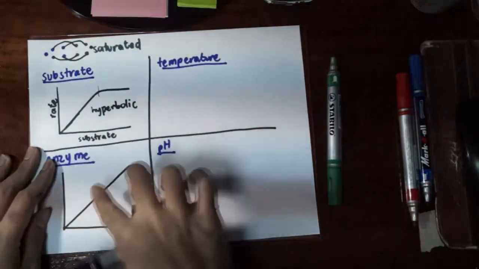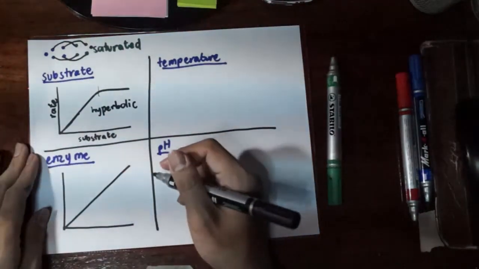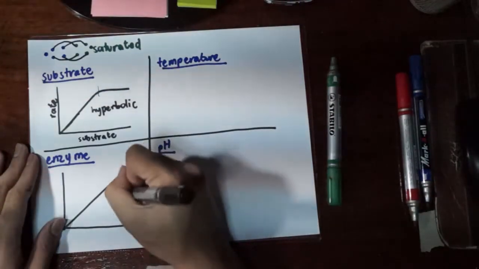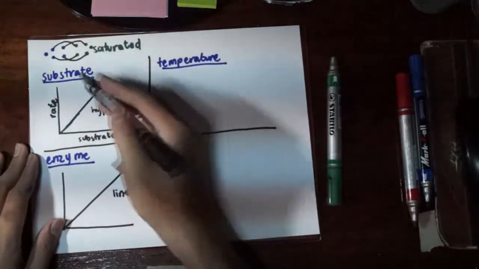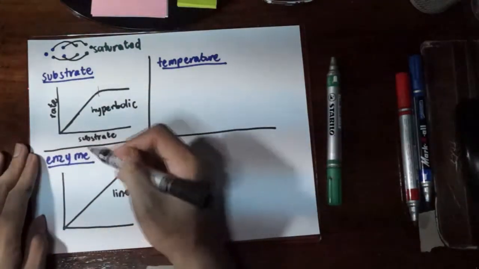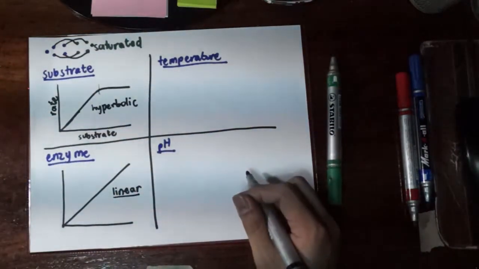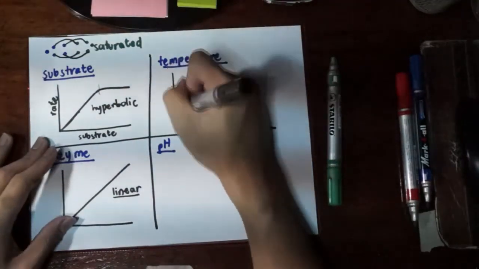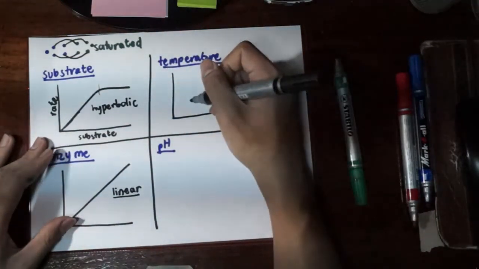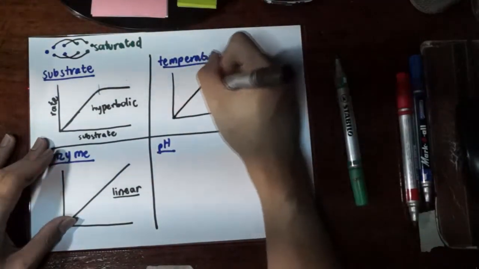Thus, we would maintain that linear graph. So, given that the substrate will not saturate the amount of enzymes, we would continue to achieve a linear concentration.